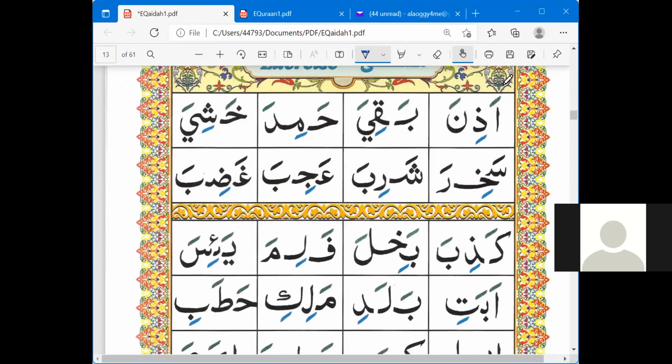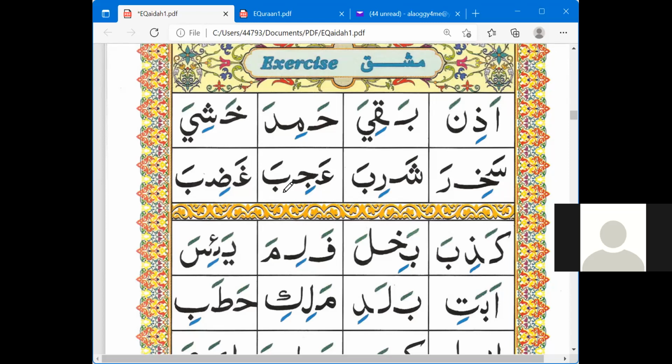Here we have fatha, then a kasra, and another fatha: a, tha, na; a, jim kasra ji, ba fatha ba: a, ji, ba. You see, a, ji, ba.